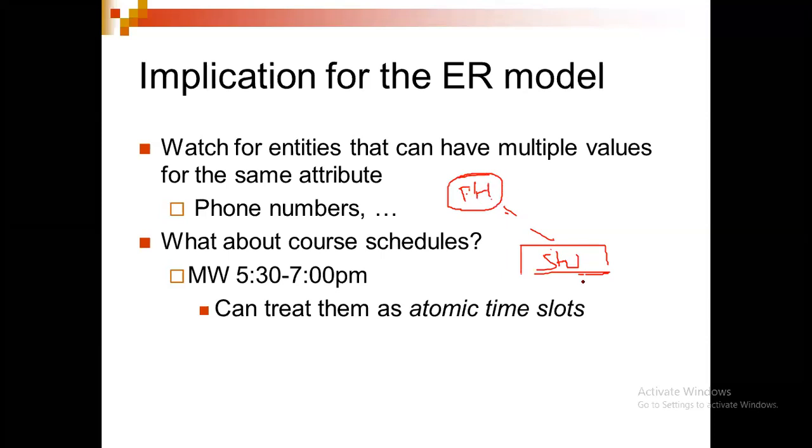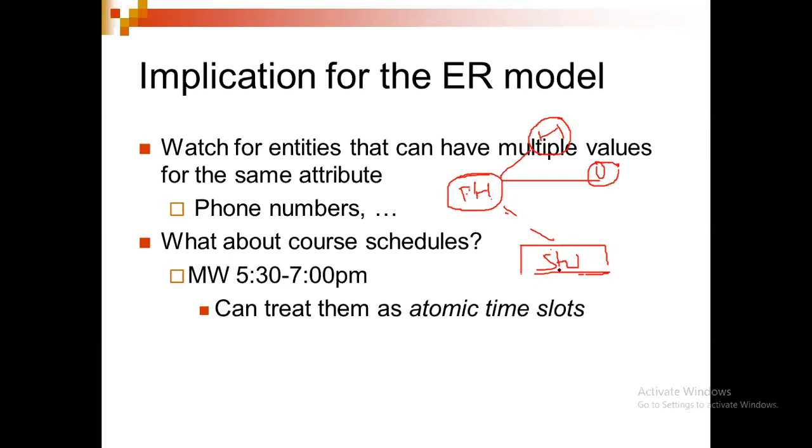Normally we write an entity and attribute, but if we have sub attributes, here I have home phone number and office phone number. If you have it like this, we call it a composite attribute.